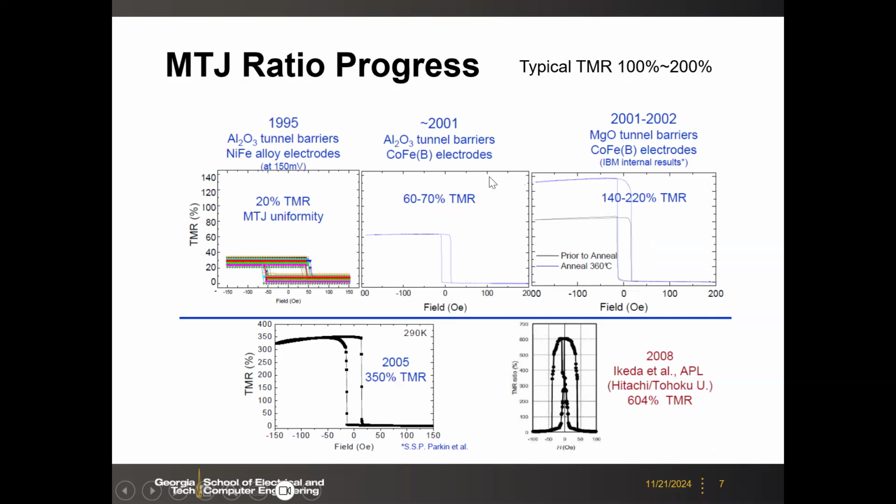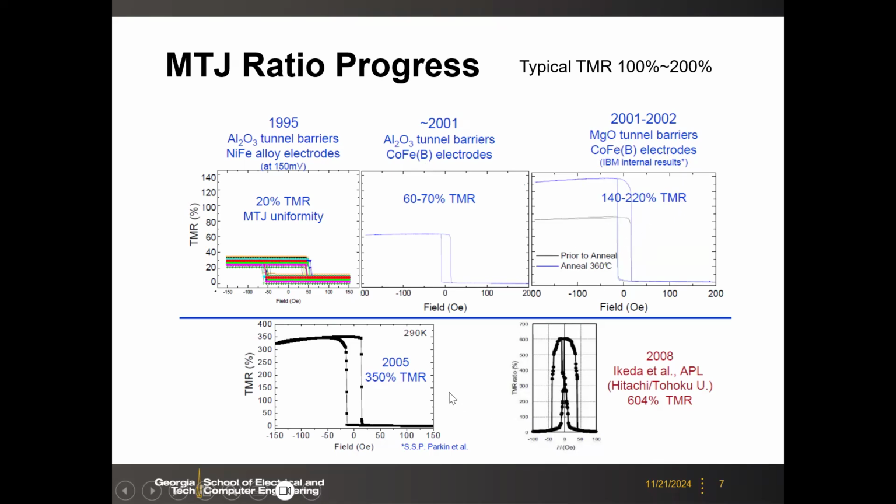And then with improvements, especially when the tunnel oxide layer was changed from aluminum oxide to MgO, the TMR ratio improved a lot. So initially people used aluminum oxide and later switched to MgO. And even today, commercial MRAM uses MgO.